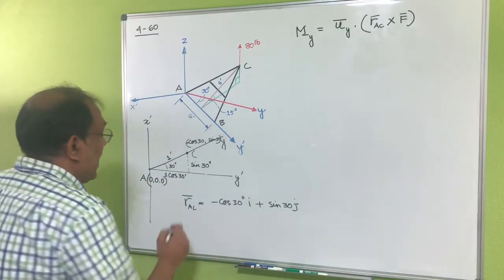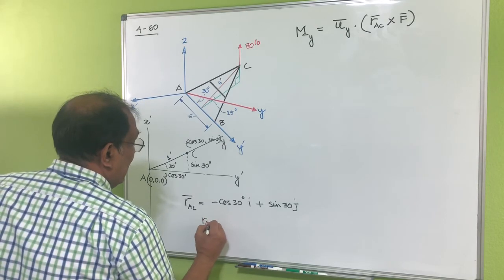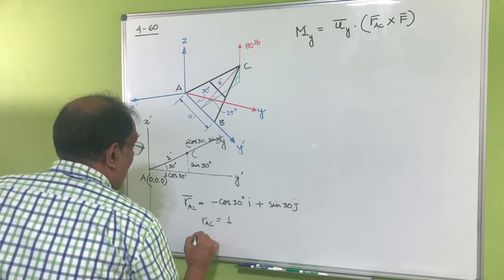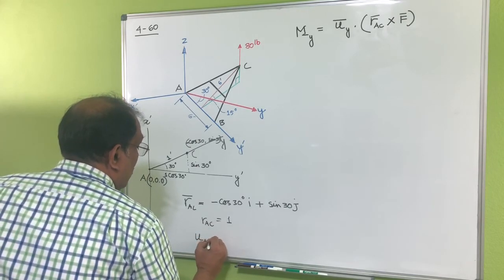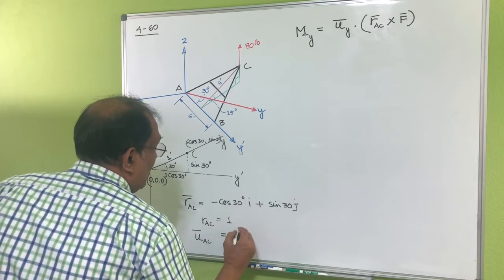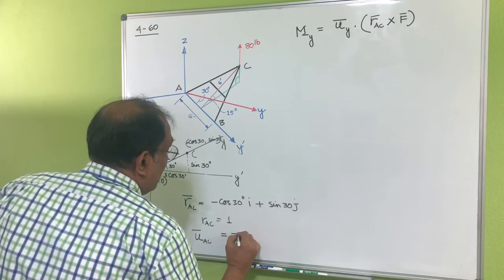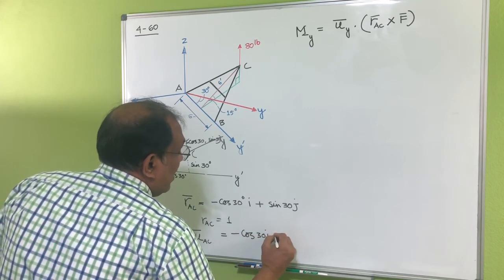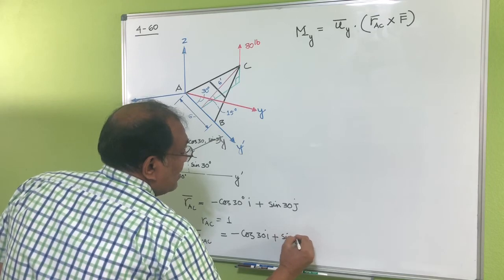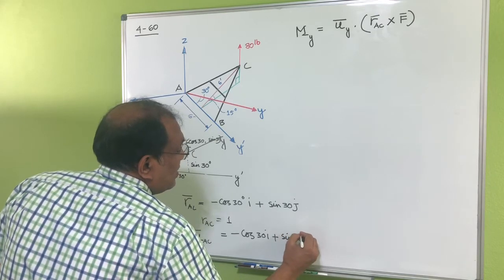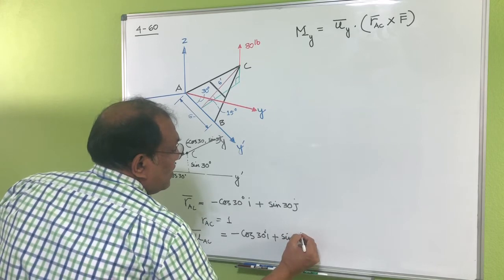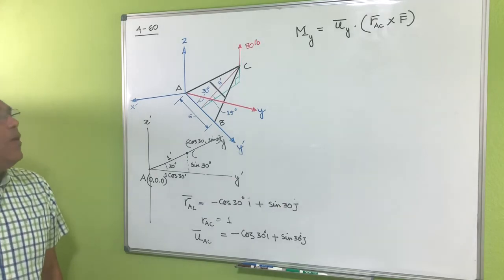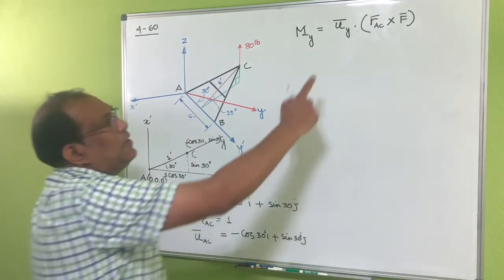I already know the magnitude of r_AC is basically 1. So my unit vector from A to C has to be the same as the position vector, minus cosine 30 i plus sine 30 j.